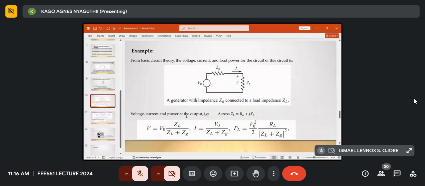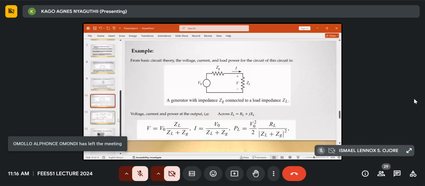I is just this divided by the load, and power is just VI. So this is what we normally use to get power across the ZL.